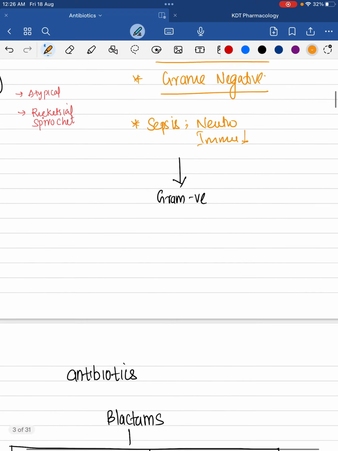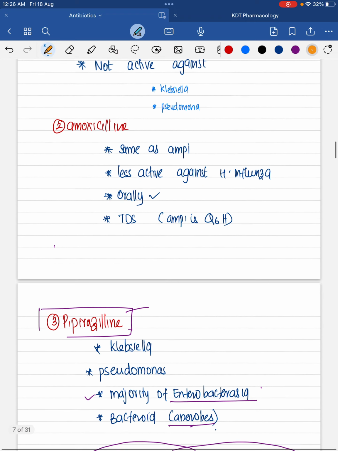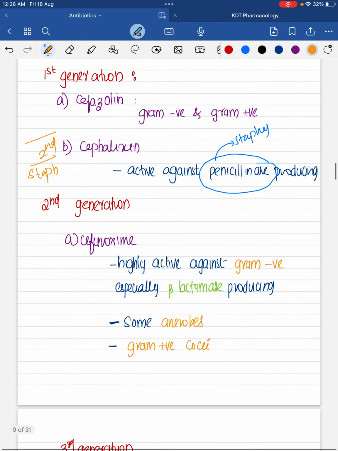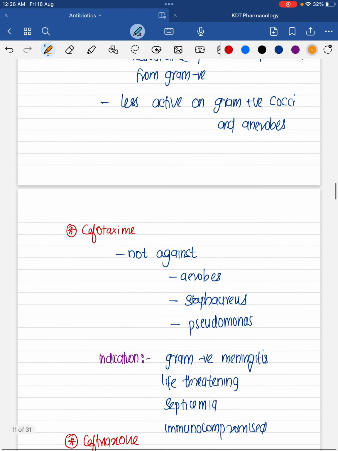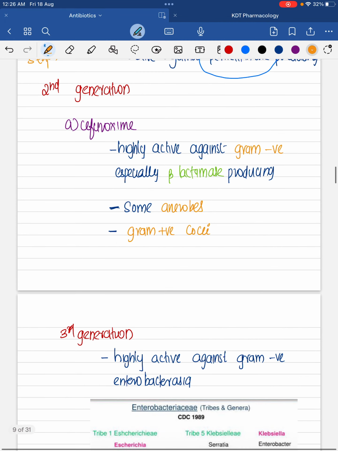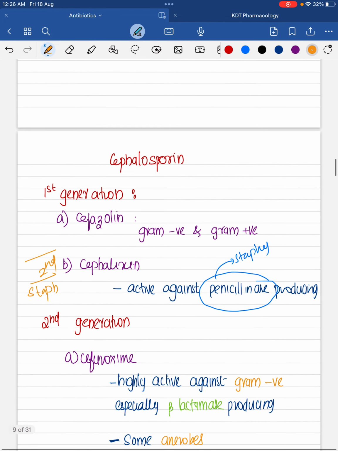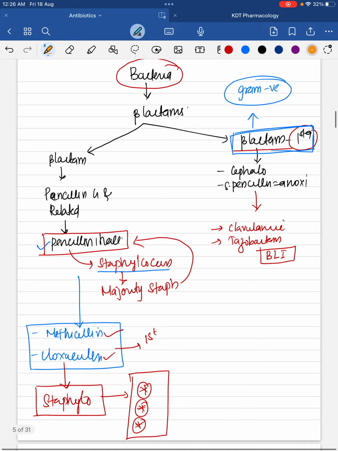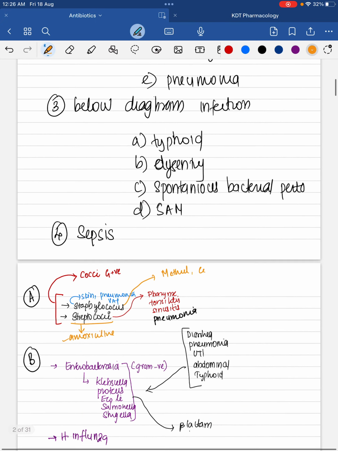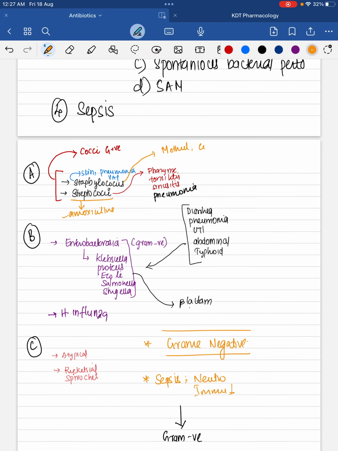Which one? The first generation cephalosporin, the oral drug, the second drug against this one. Cephalexin. So cephalexin is the second drug for staphylococcus.